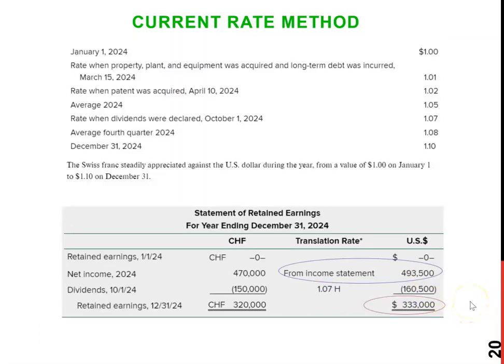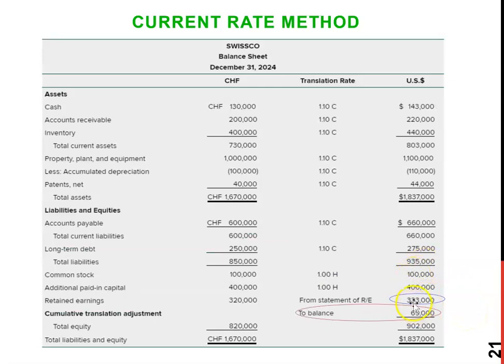Retained earning, we copied from our converted statement of retained earnings, 333,000. Up to this is total assets, $1,837,000. If you take accounts payable, current liabilities, long-term debt, common stock, additional paid in capital, and this composite retained earning, up to this it will not be equal to the total assets.